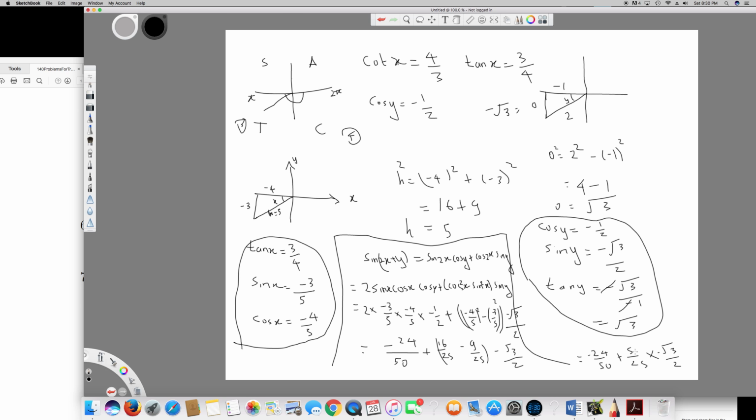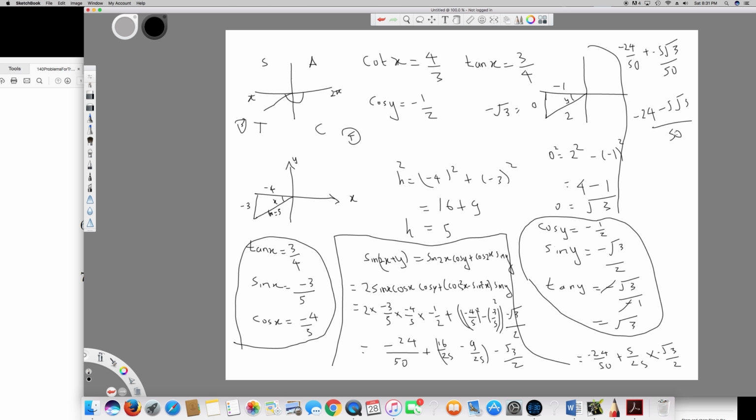So which is going to give us what? Minus 24. I'm going to write it on top because I don't have enough space here. I'm sorry about that. So minus 24 over 50 plus minus 5 root 3 over 50, right? So from this we can write it as minus 24 minus 5 root 3 over 50.